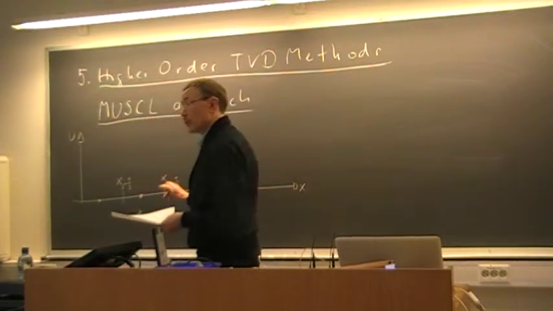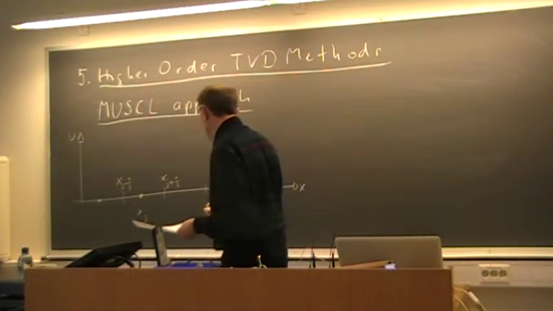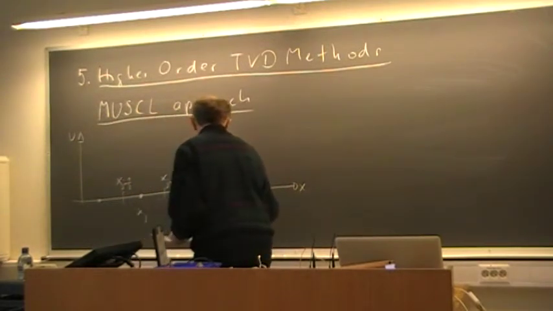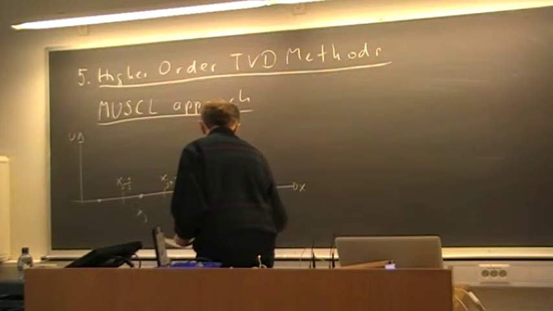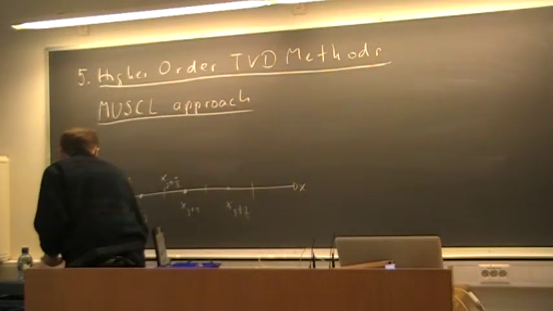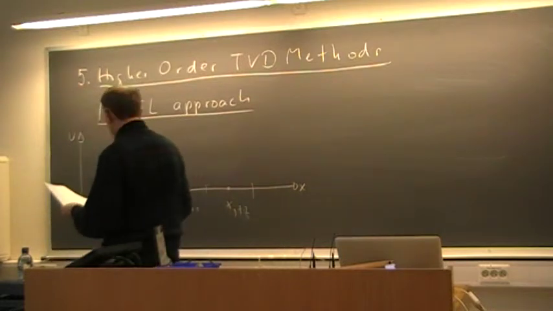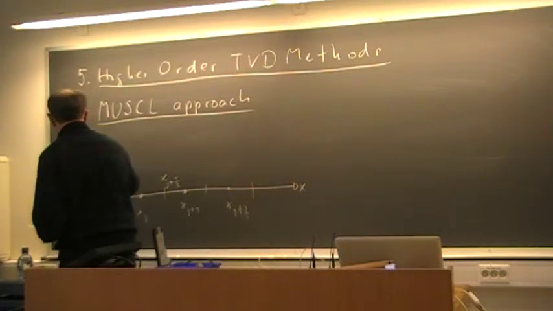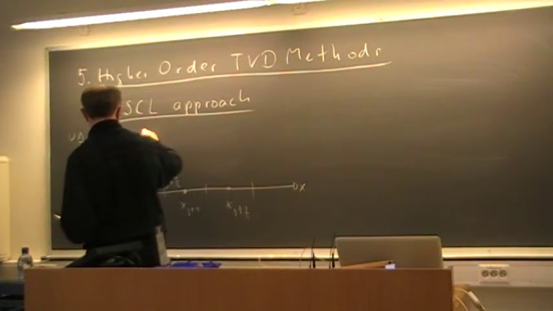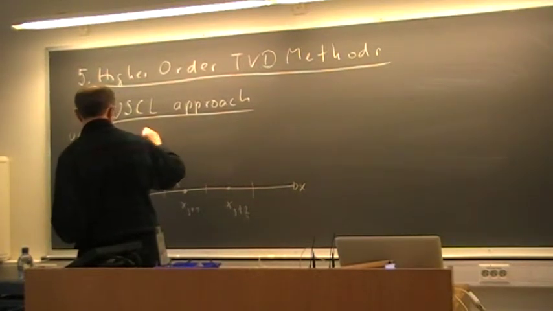And these boundaries we also call faces of the control volume. Then we have here x_{j+1}, x_{j+2} and x_{j-2}. We assume there's some distribution for the values, which was something like this.